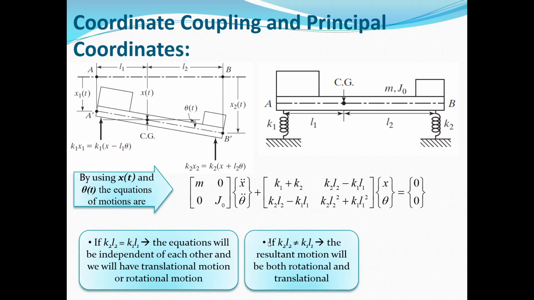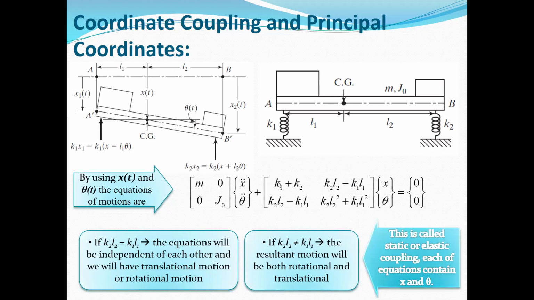And also here we can conclude that when the non-diagonal component of the stiffness matrix is not equal to 0, or in the general condition for this example, we call it that there is a coupling, elastic or static coupling for this system, because the stiffness matrix is not diagonal and non-diagonal components are not equal to 0.